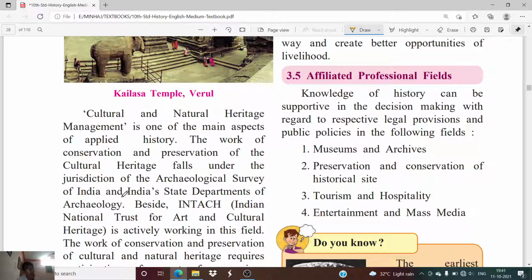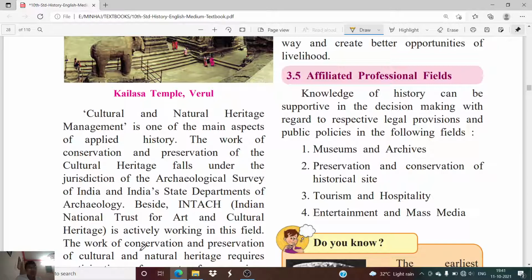So these are the two departments which are responsible for preservation and conservation of the cultural heritage. Besides, INTACH, that is Indian National Trust for Art and Cultural Heritage, is actively working in this field.